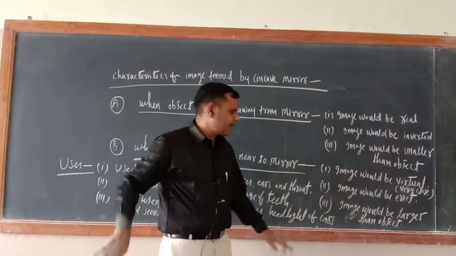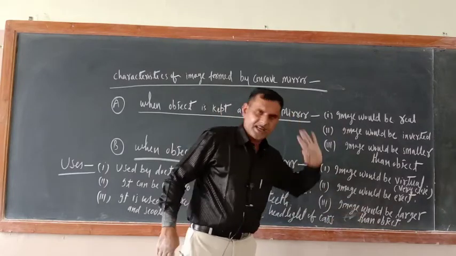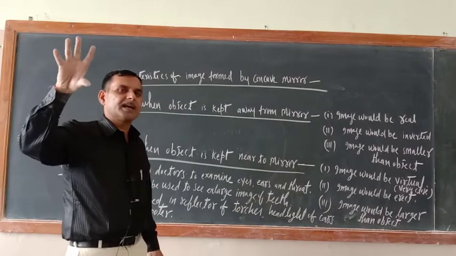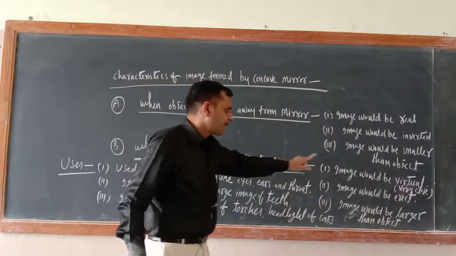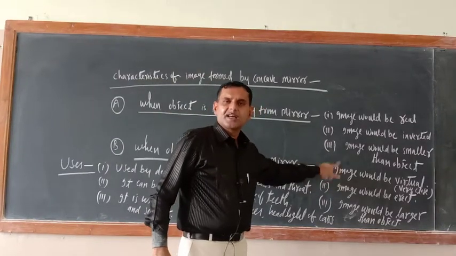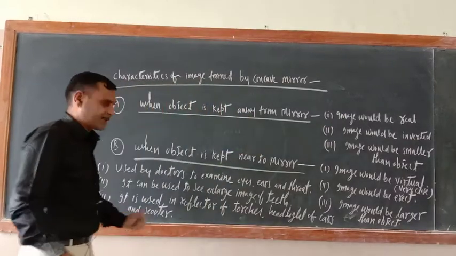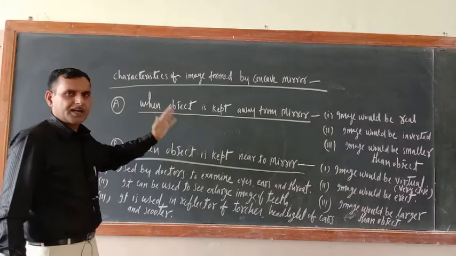If it is a little bit away, the image would be erect. The image would be larger than the object. So always remember the first characteristic when the object is kept very close to the mirror. These are the characteristics of the image formed by the concave mirror.